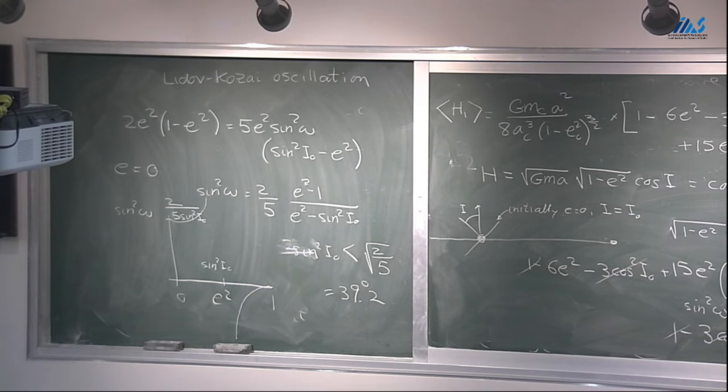If you have a non-axisymmetric mass distribution interior to the orbit, you can expand its potential in multipole moments. And the dominant term will be the quadrupole. If you have a non-axisymmetric mass distribution outside the orbit and a long way away, you can expand the potential in multipole moments, and it will also be a quadrupole.